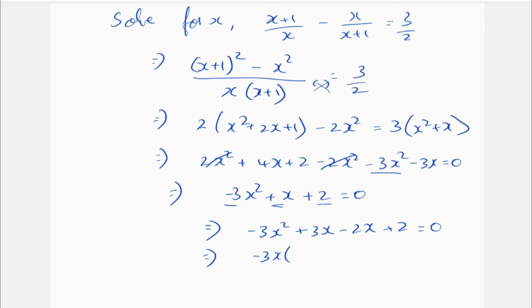If I take minus 3x common outside, I'll have x minus 1, and if I take minus 2 common outside, I'll have x minus 1 equal to 0. This is the equation. So this is nothing but (x minus 1) multiplied by (minus 3x minus 2) equals 0.